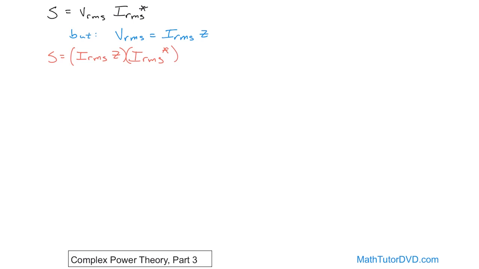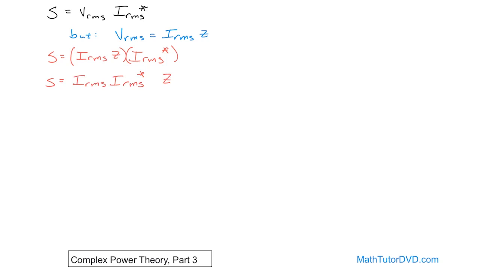All we did is take this and stick it into what V RMS is actually equal to, if we're talking about a specific circuit element. So at the end of the day, the complex power is going to be I RMS times I RMS conjugate times Z.